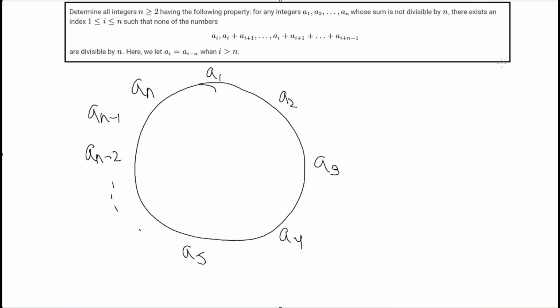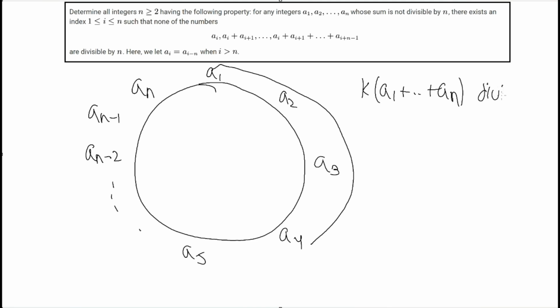Well, if we want a sum to be divisible by n, then we want to somehow go all the way to here and go around in a complete circle ending at an. Because if we end at an, then we cover all these numbers the same number of times, and therefore k times the sum a1 plus all the way to plus an is divisible by n. And we want to get something good out of this.